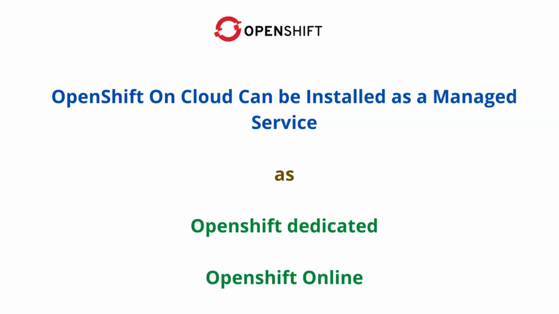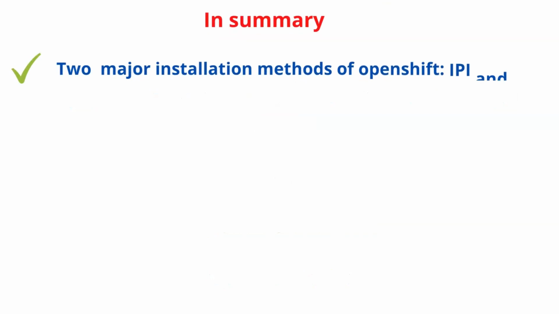We have discussed a whole lot of things. So in summary, we have talked about the installation of the OpenShift Container Platform using the IPI and the UPI method. And we also said that the IPI method is only available for some platforms on cloud and on-prem. If your platform does not support the IPI method, you will have to use the UPI method.